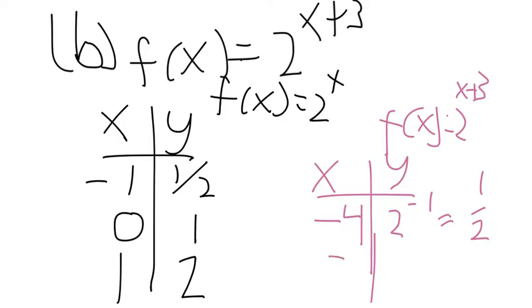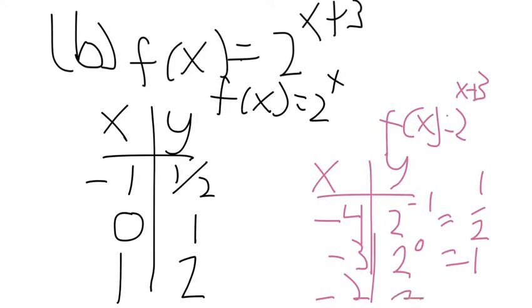When you plug in -3 for x, you have 2 to a power of -3 plus 3, which is 2 to a power of 0, which is 1. When you plug in -2, you have 2 to a power of -2 plus 3, which is 2 to the 1st, which is just 2.